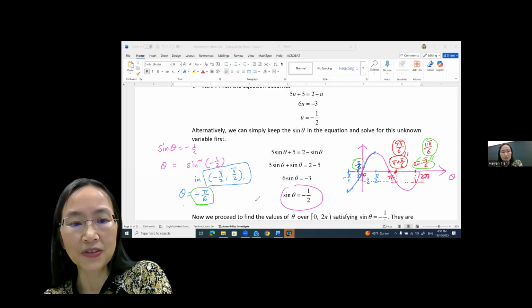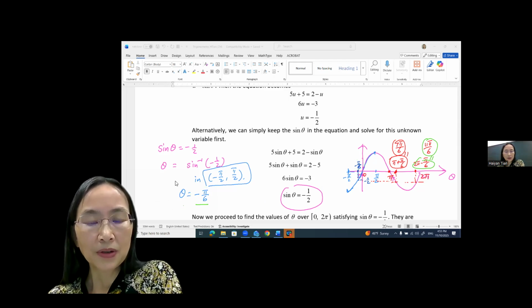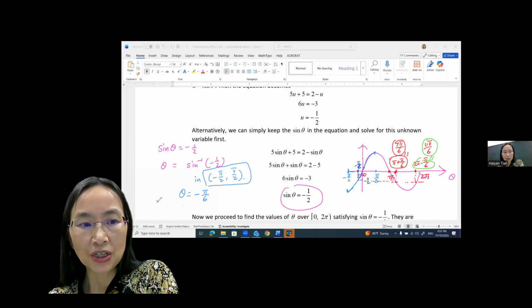It's outside the interval from 0 to 2 pi. So we have to keep in mind that the question is to find all solutions in the interval from 0 to 2 pi.